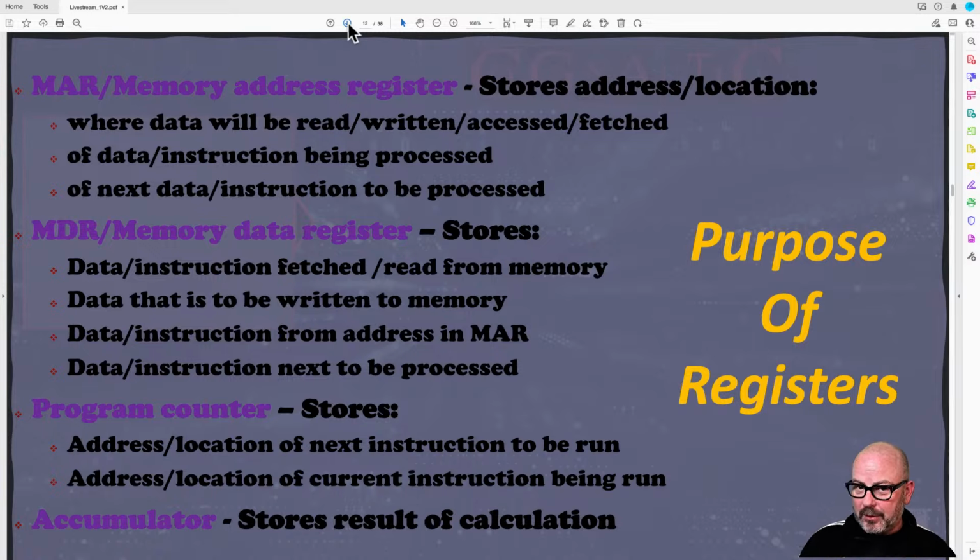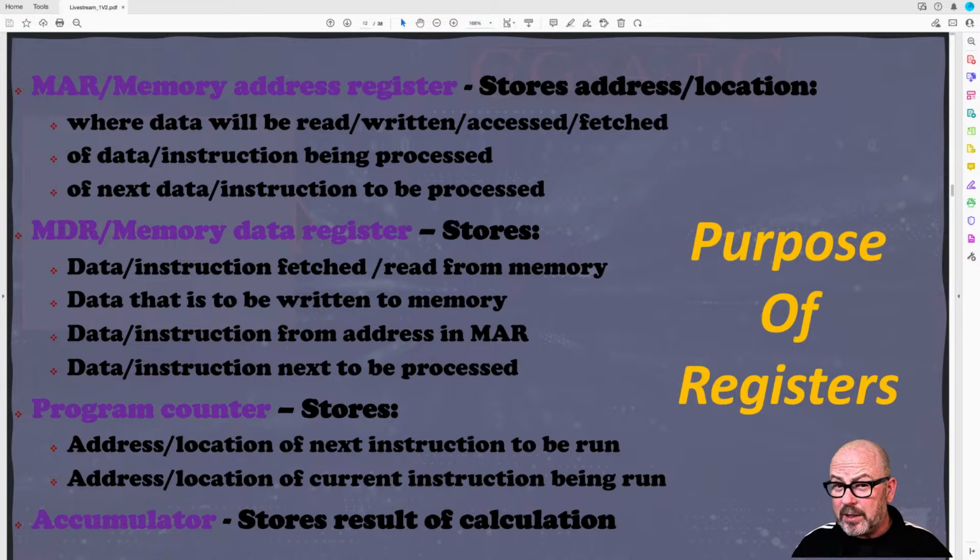Okay, here's the bad news. If you want to get a grade 9 in this particular part of the paper, this is what you need to know. They always put a question on this when they cover CPU, and they will cover CPU. This is to determine whether you understand what is held in the different registers.